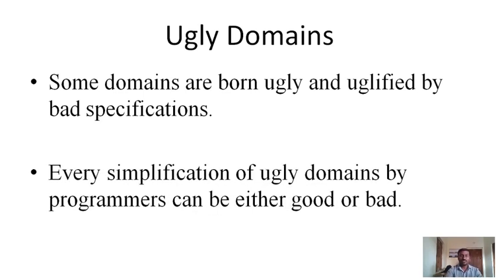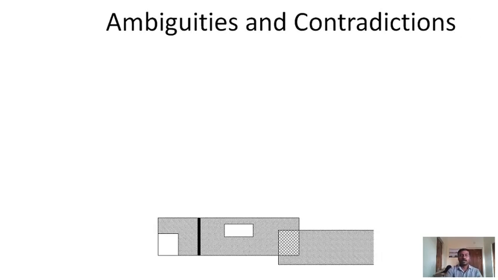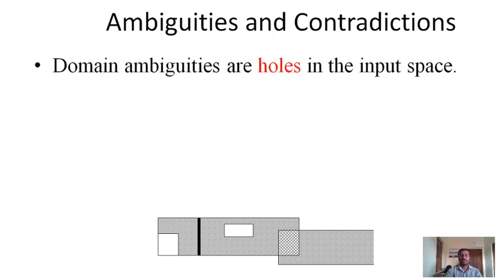Every specification of a domain by programmers can be either good or bad. So whatever specifications are developed by the programmers may be either good or bad. Now, ambiguities and contradictions in ugly domains. Domain ambiguities are holes in the input space.